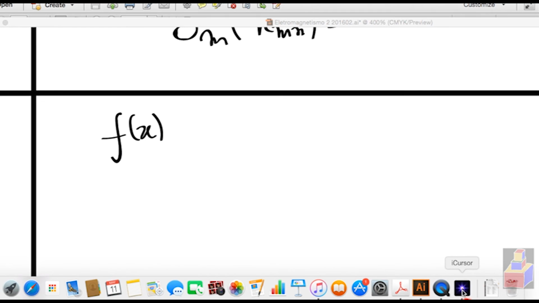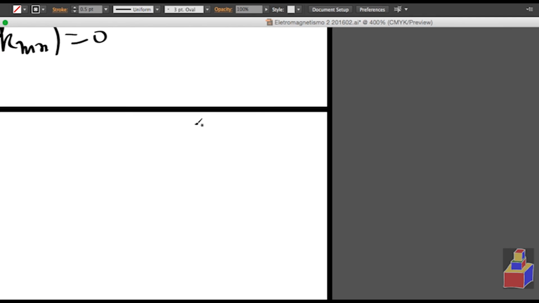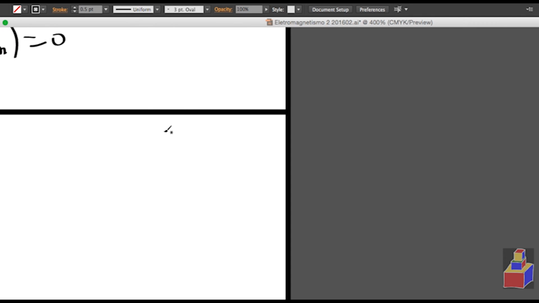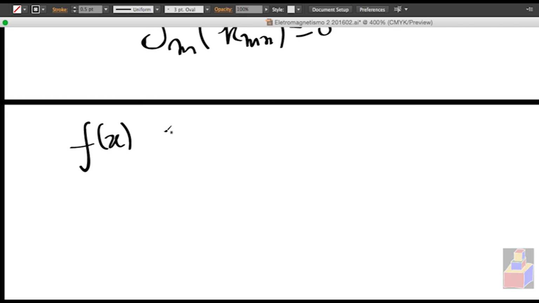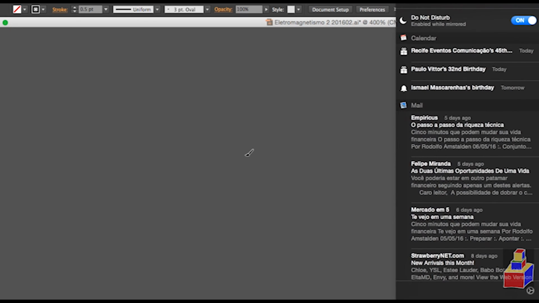I'll put in an explicit example, for instance, as an expansion of zero order Bessel functions. It's going to be something like this. It should be an infinite expansion, but you cannot do that completely, so a finite expansion, with coefficients A_m.